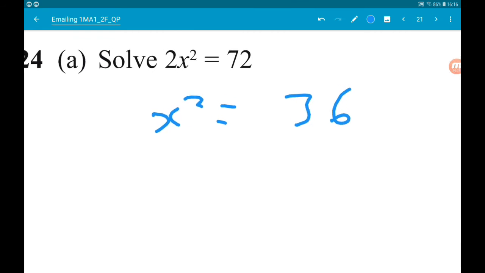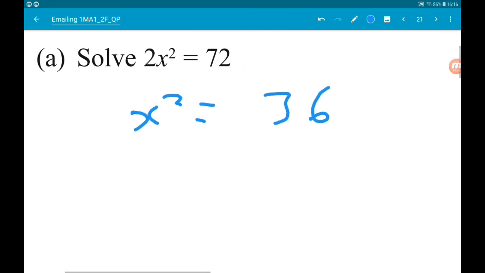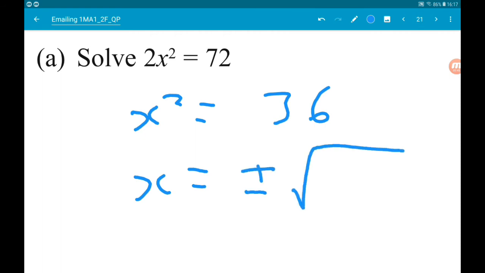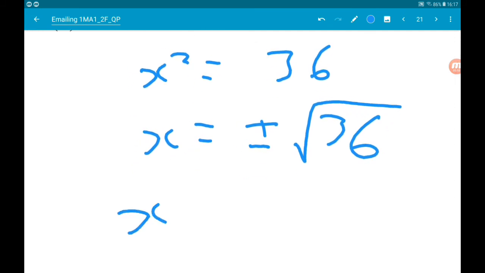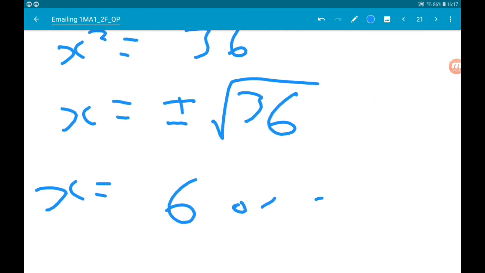Now we need to be very, very careful, because when you square root, you get 2 answers, positive and negative. So we are going to get x is equal to positive and negative root 36. So x is positive 6 or minus 6.